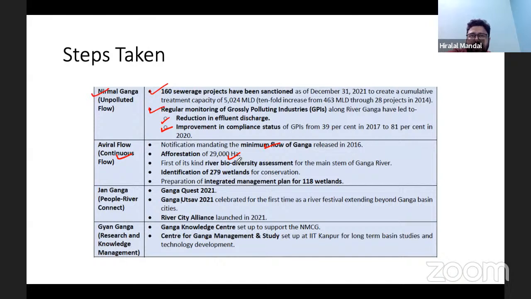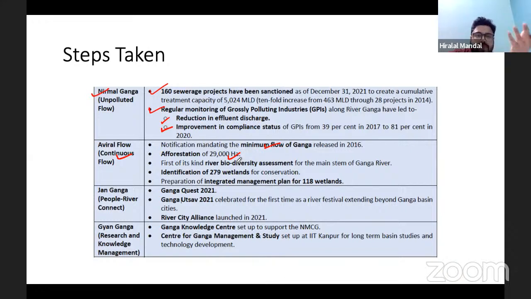In fact, in this budget, the government of India has picked up the Ganga bed, in order to promote natural farming along the Ganga river. That is something which will be done by the government this year.